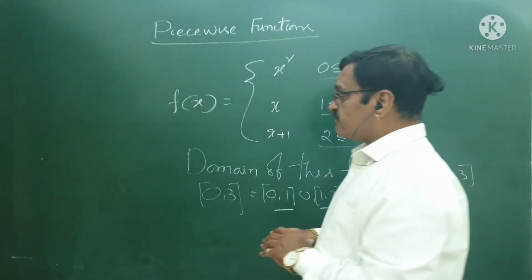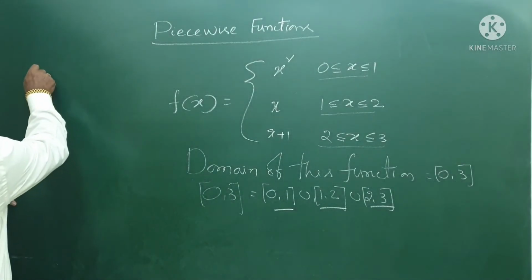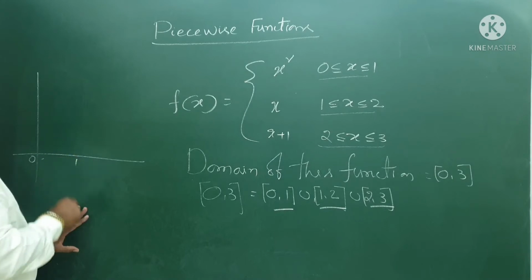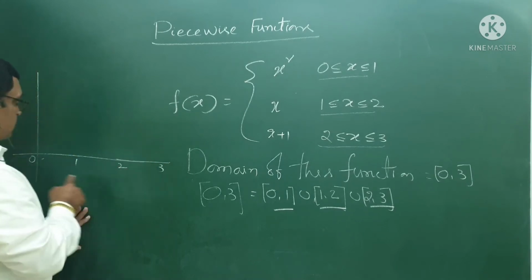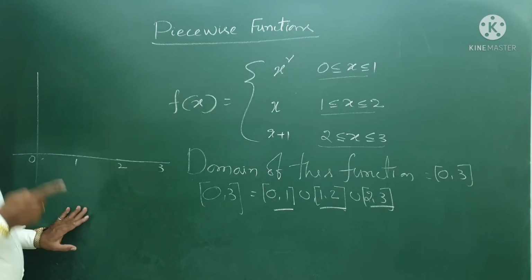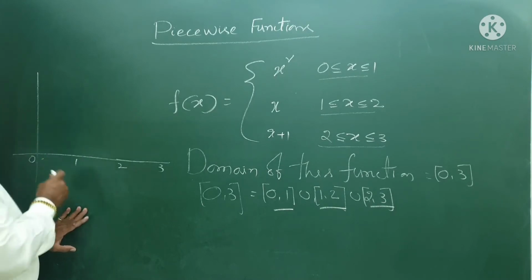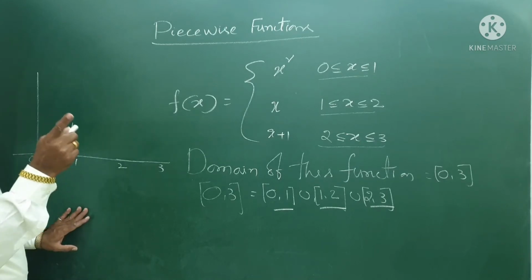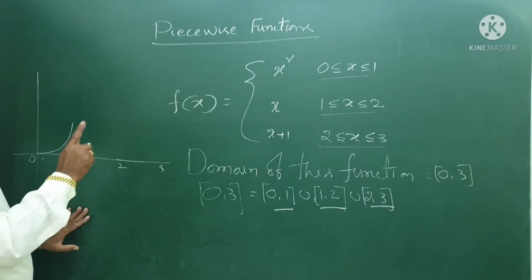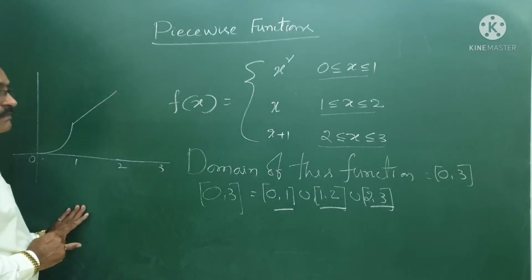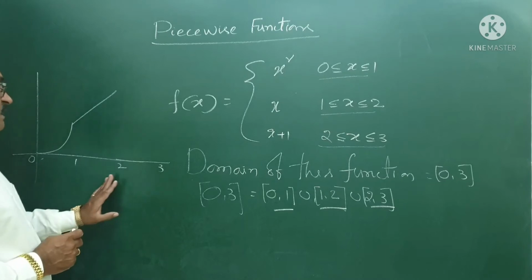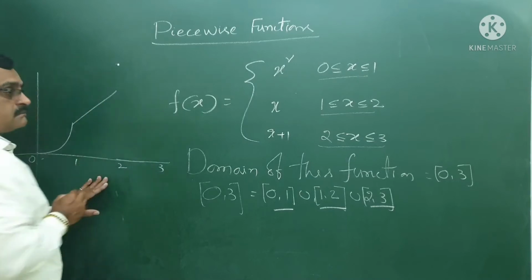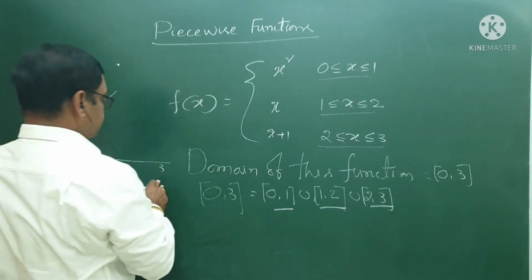Now if you observe the graph of this function also, I'll take 1, 2, 3 here. Between 0 to 1, the working rule f of x equal to x square is a parabola, so it goes like this. Between 1 to 2, f of x is equal to x, again the identity function, a straight line. Between 2 to 3, when I put x equal to 2 it gives 3, and when I put 3 it gives 4.